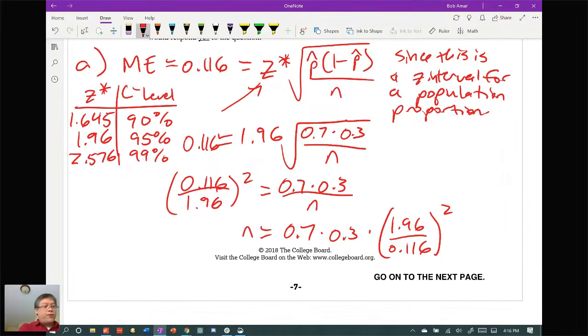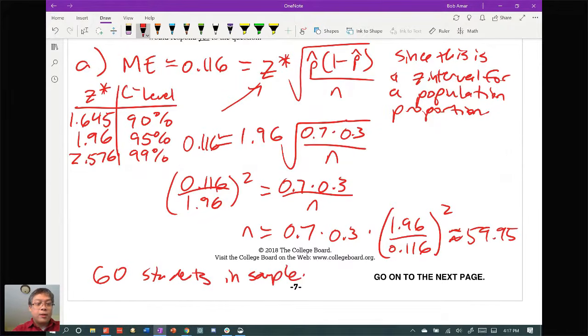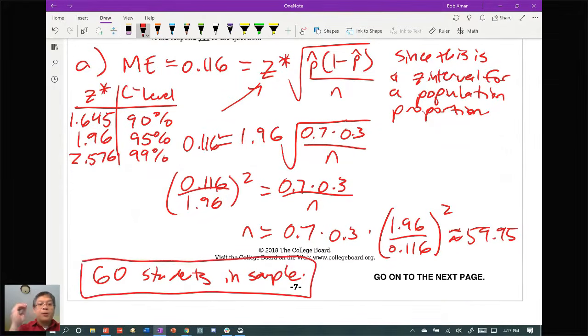So 0.7 times 0.3 times 1.96 over 0.116 squared. That number is 59.95. You can just round to the nearest person in this case because this isn't a margin of error. So there must have been 60 students in the sample. That's for part A.